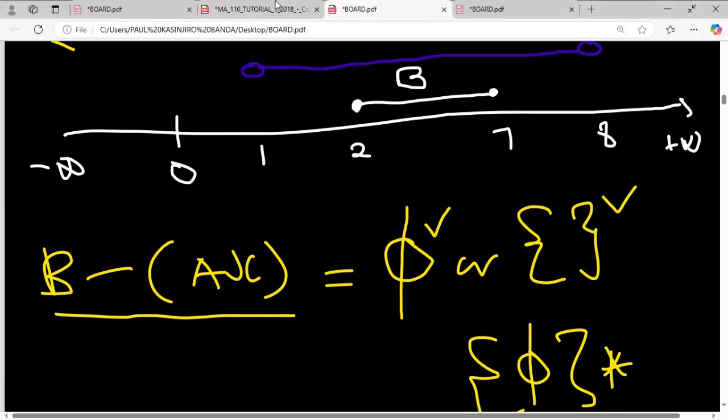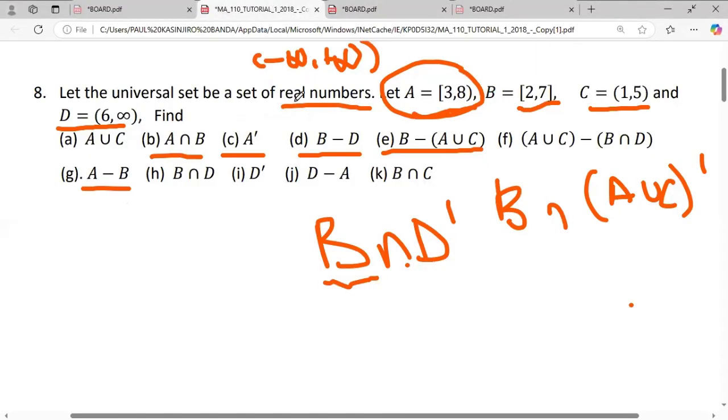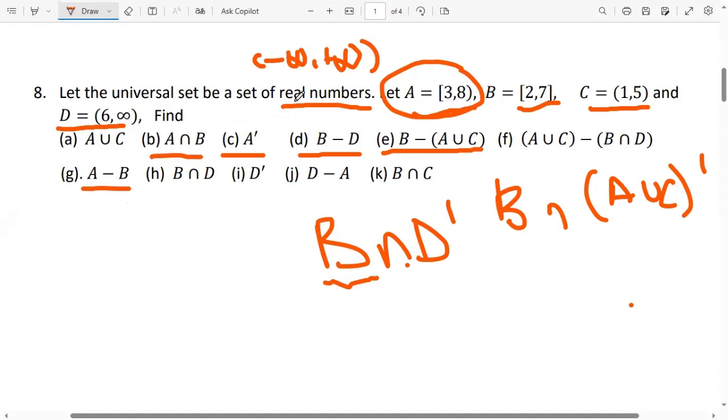Let's solve some class questions, and the other ones I'm sure you can try yourselves. So let's solve F here.